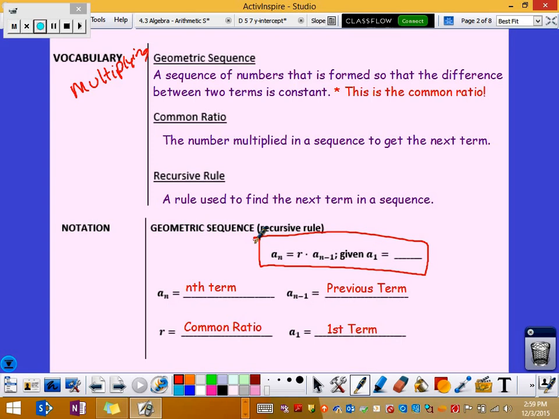So a sub n equals r, our common ratio, times the term before it, given that the first term is whatever it is. So a sub n still means it's the nth term. A sub n minus 1 is still the previous term. R is still the common ratio, and a sub 1 is still the first term. That is all old.